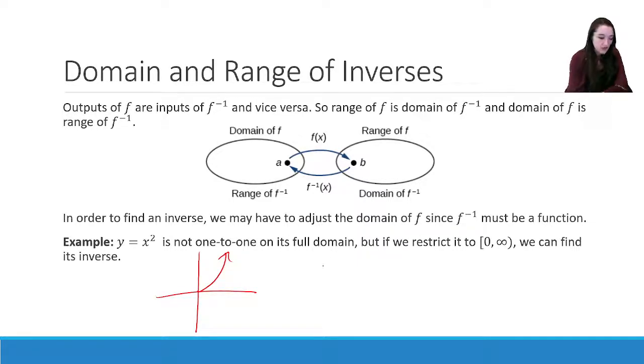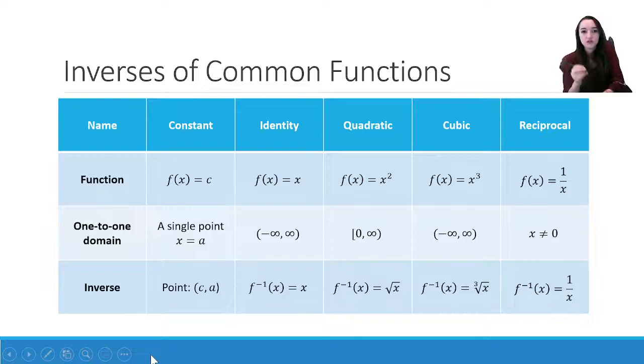And then I can solve to figure out what is its inverse. We will look at exactly how to figure that out in a moment. But the point is it is now 1-to-1. If I ignore this part of its domain, if I cut that out and I just say x squared on the domain 0 to infinity, then yes, it does have an inverse.